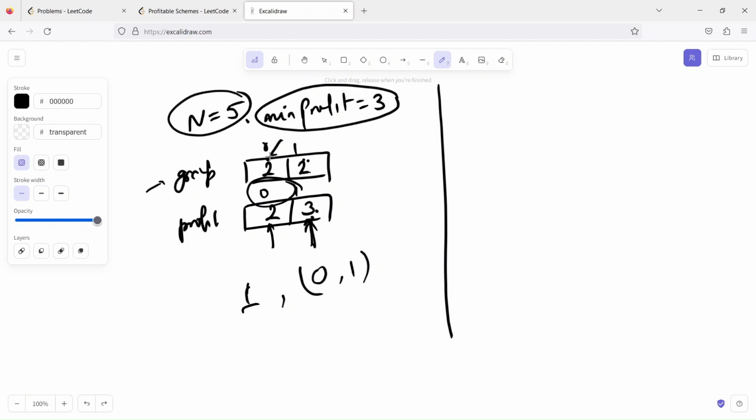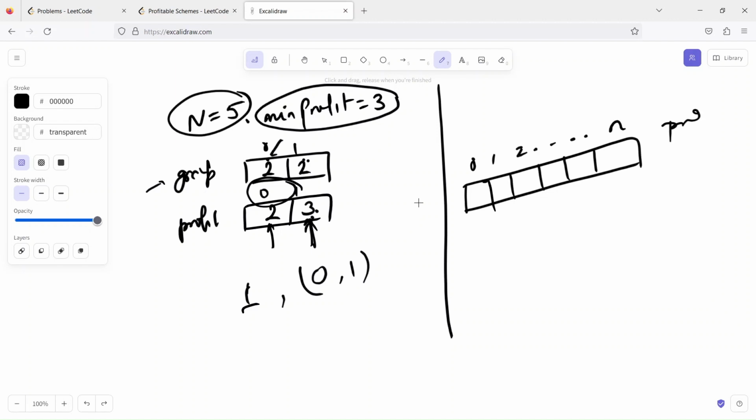So overall this looks more like an optimization problem, and in an optimization problem, the one approach I usually take is to make a decision whether you can do it or not. For example, if I have been given an array 0, 1, 2, dot dot dot n, they are actually profits, so that gives you the total number of crimes.